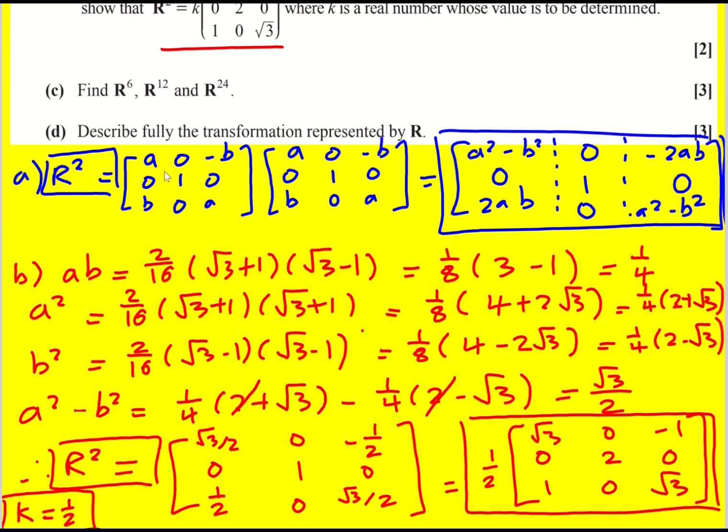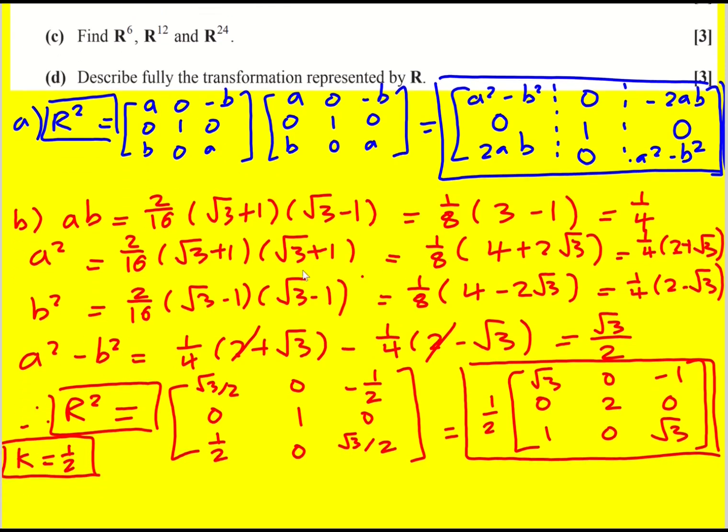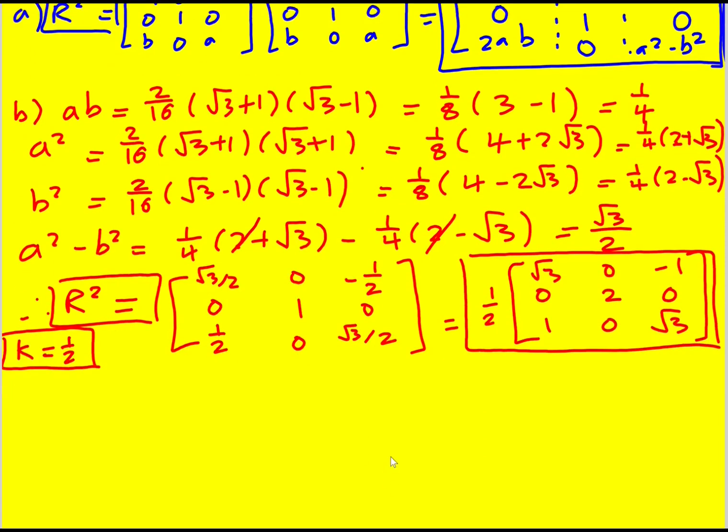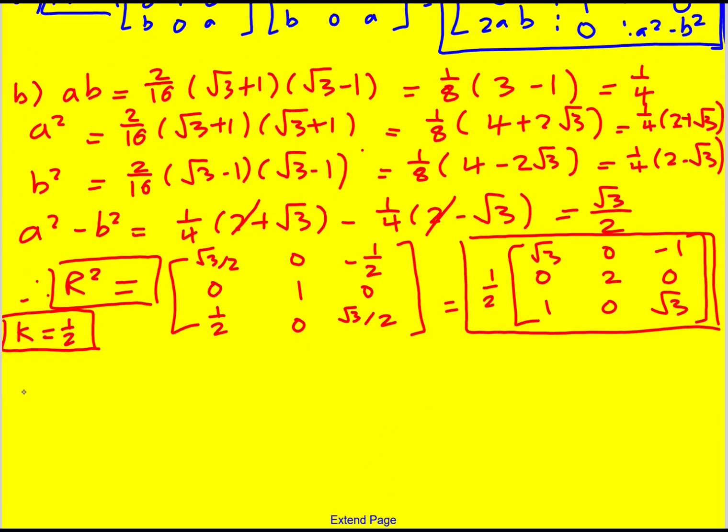Right, now we're asked to find r to the 6, r to the 12, and r to the 24. Obviously not just timesing them one at a time, because that would take a long time. Instead, we can use, well, r to the 6 is going to be r to the 2 cubed, or r to the 2 squared times r to the 2.